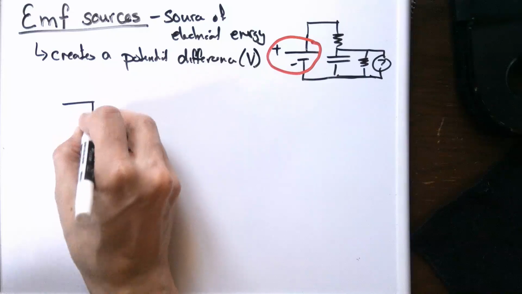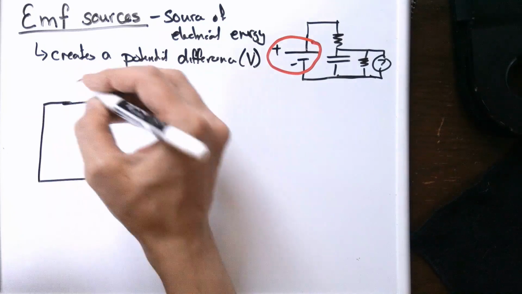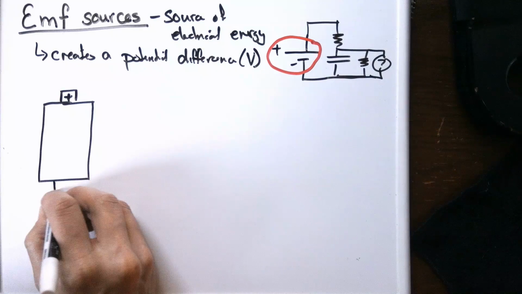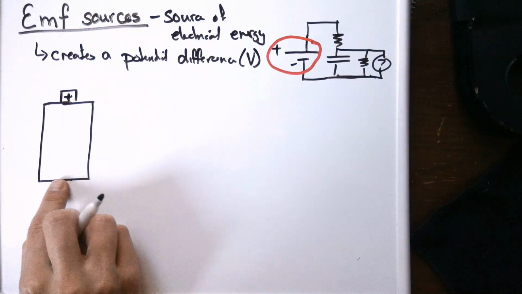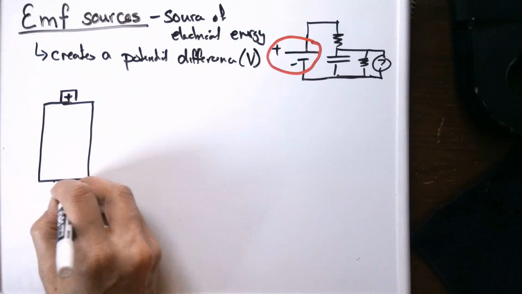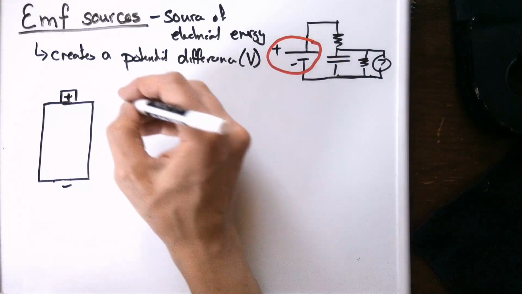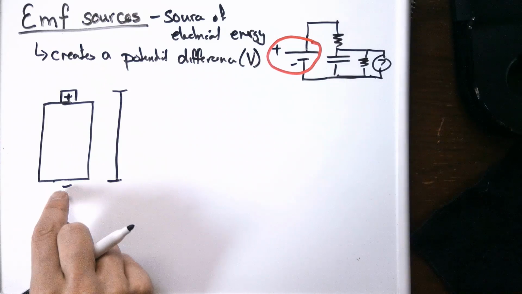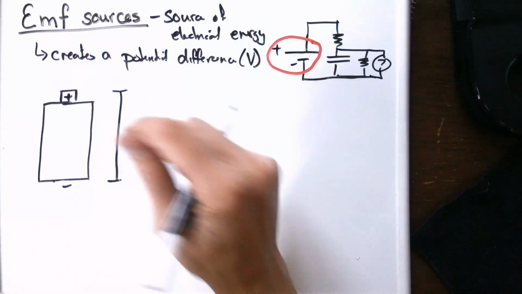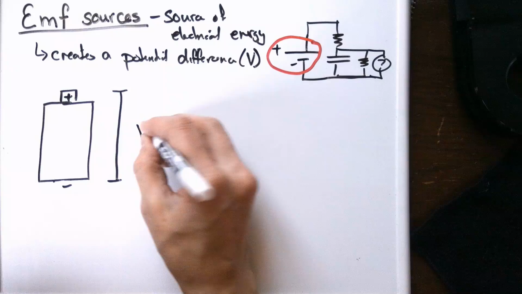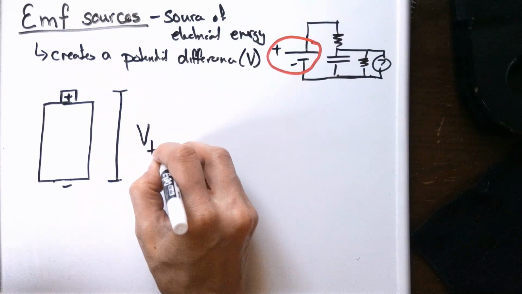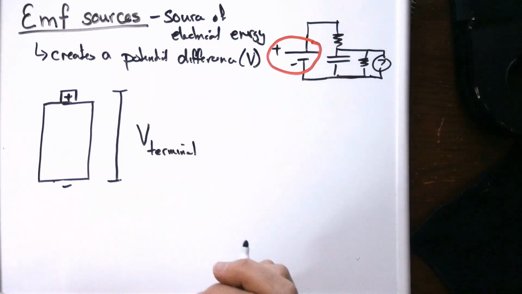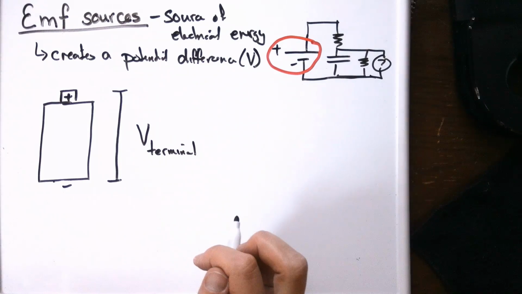So if you've got just a battery you buy from a package at the store, it'll have a positive terminal over here and a negative terminal over there, which I guess doesn't actually stick out. They just draw a negative there. And across the two terminals, if you stick a little voltmeter on there, you're going to get some voltage difference between the two terminals. That is what is called the terminal voltage.